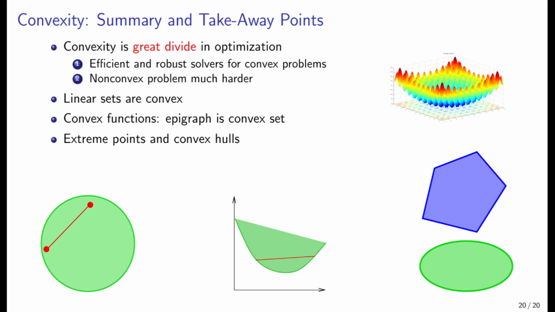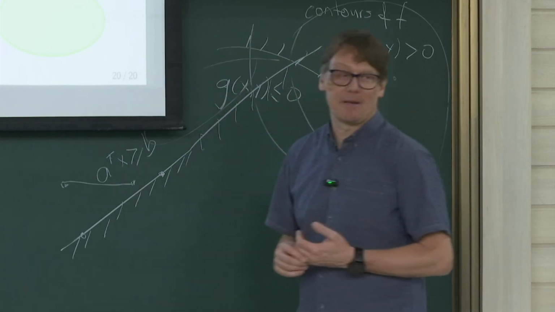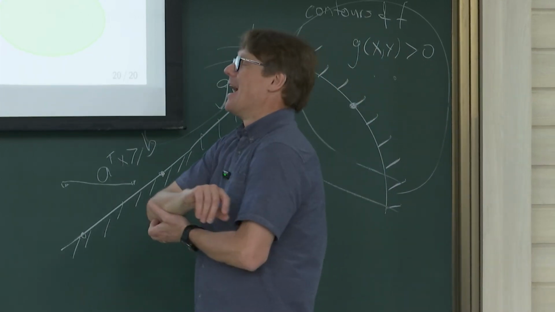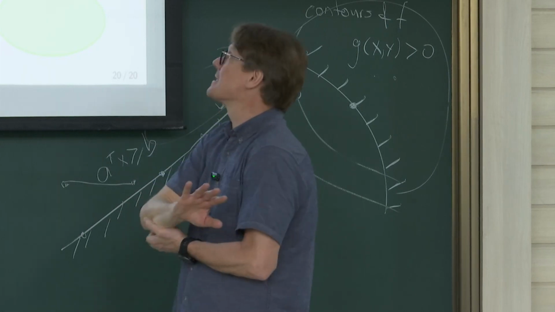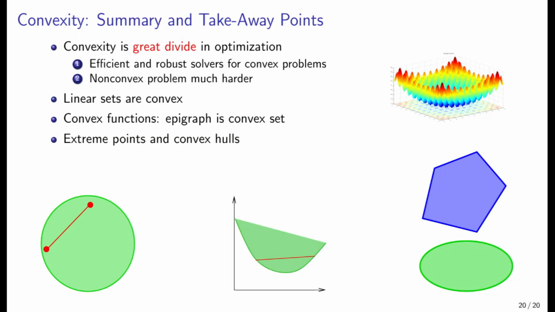Unfortunately, a lot of applications are non-convex, and non-convexity really appears in many applications. In the power grid, when you're designing wind farms, non-convexity appears everywhere. There are efficient and robust solvers for convex problems, but for non-convex problems, it's much, much harder. And then I had some examples of convex sets. A ball is convex because any two points you join with a line, it's convex.